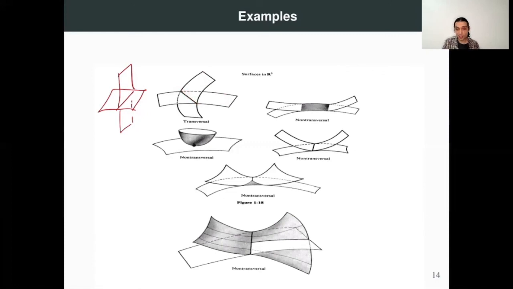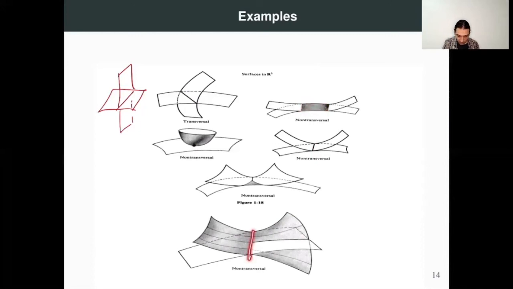The intersection is a curve. In the other cases, the intersection can be very different. Here, it is a point. Here, it is a regular curve. It's a submanifold. Here, you can have even that these two surfaces coincide in a very, very big set.